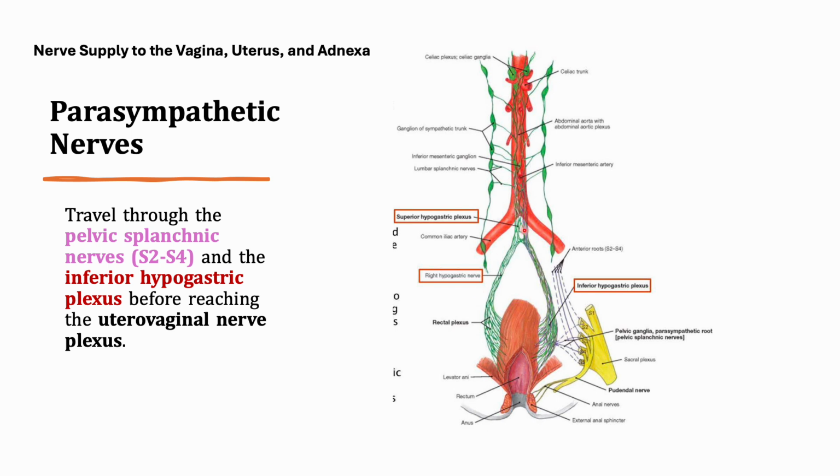It's going to break up into the hypogastric nerve, right and left, and then come together and form this inferior hypogastric plexus. The parasympathetics get innervation from the pelvic splanchnic nerves at S2 to S4. And you can actually see it here, S2 to S4.